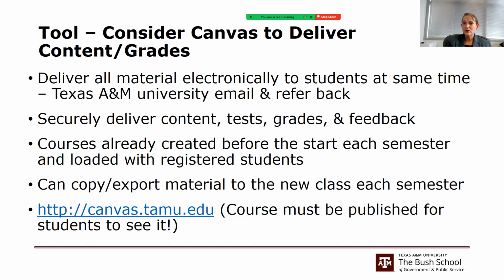Now, students won't see that course unless you manually go in there and publish it, but it's already there waiting for you. So if you were to go to canvas.tamu.edu, you would see an unpublished empty course, and it has a basic Texas A&M University shell, but your students are listed in the grade book.